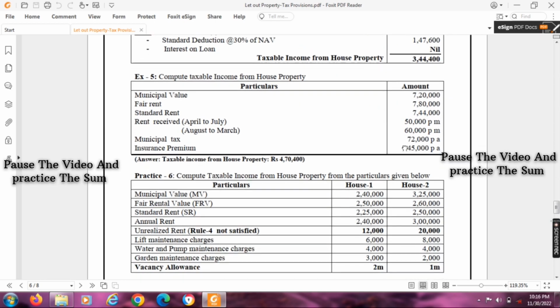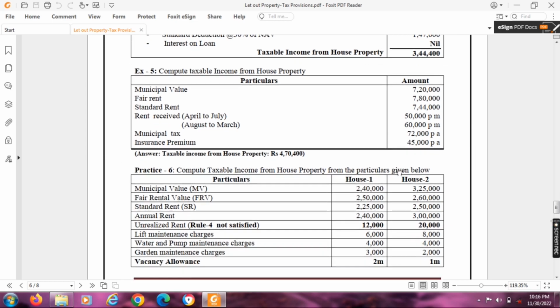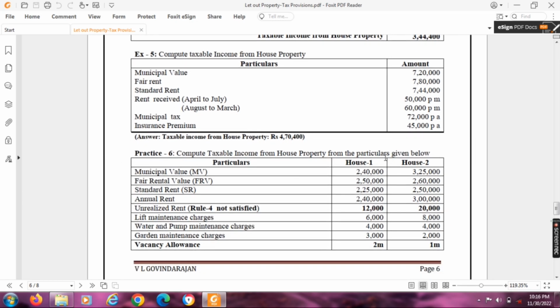Now let me see practice 6. Compute taxable income from house property from the particulars given below. House 1, house 2, municipal value, fair rental value, standard rent, annual rent, unrealized rent. Rule 4 not satisfied. That means we cannot deduct unrealized rent from the annual rent in this problem.